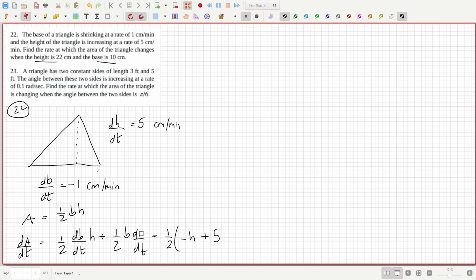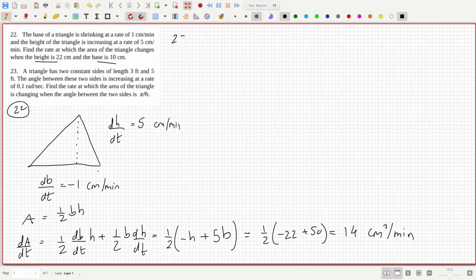Don't mix up my b's and h's, that's the h. So it's 5 times b and minus 1 times h, and then that's a half. The height is 22 and the base is 50. So it's just going to be 50 minus 22 divided by 2, and that will be 14 centimeters squared per minute.